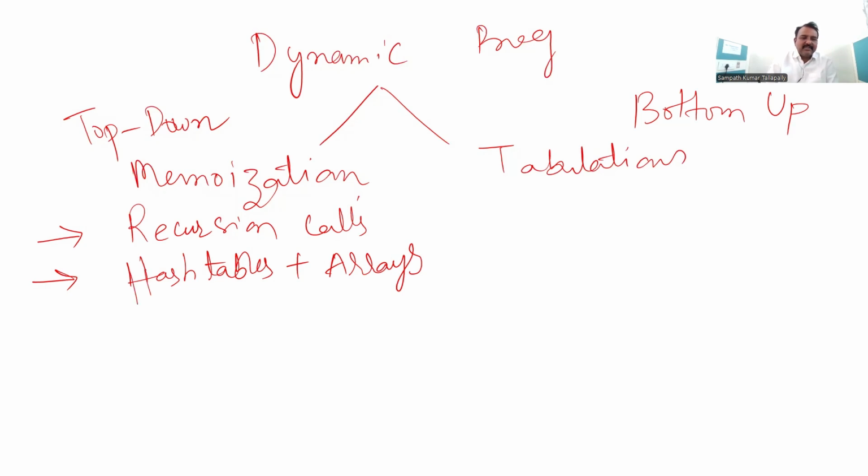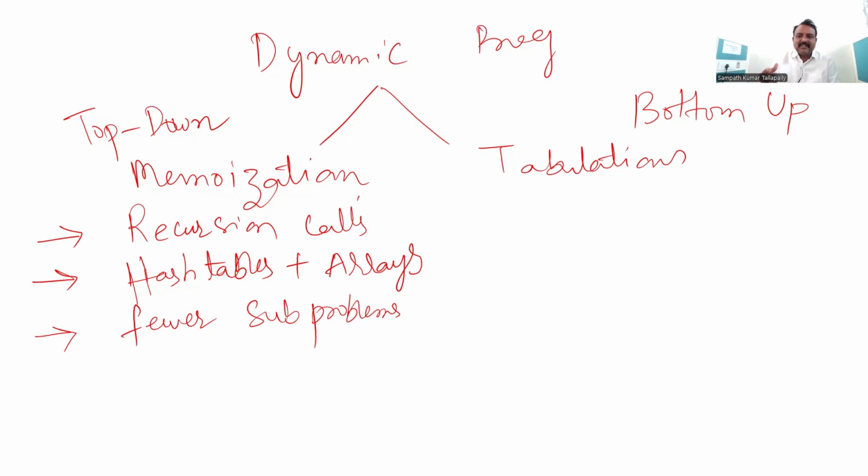We know what a hash table is. Whenever I want to search for an element in a faster way, we use a hash table. Then this memoization technique is faster when we have fewer subproblems.